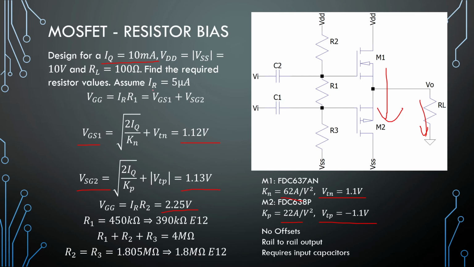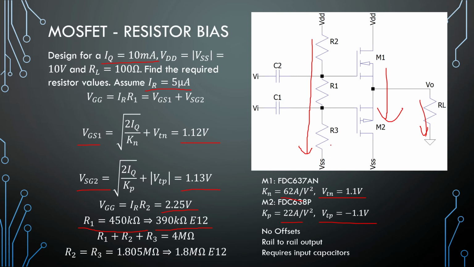And then you need to pick a current for these resistors. For this problem, let's assume it's 5 microamperes, and we get to 450 kilo ohms. Now, this resistor is best to choose the value downwards.